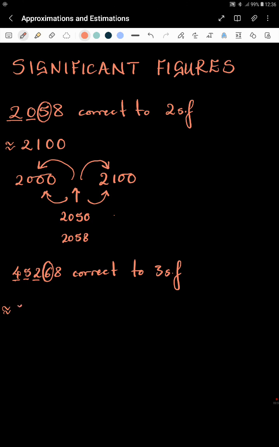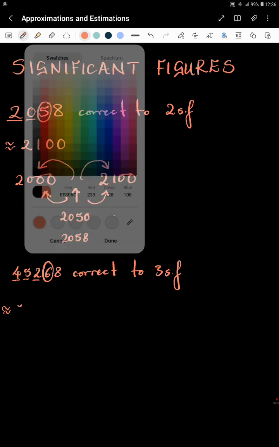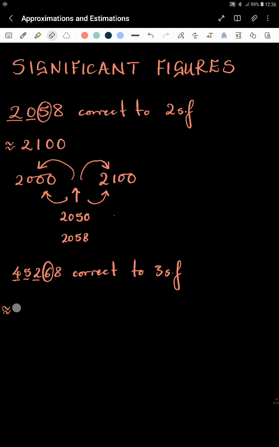So the answer is going to be 45,200. Here the digits are 45,000, and if you round up, this one becomes 3 and your answer becomes 45,300.